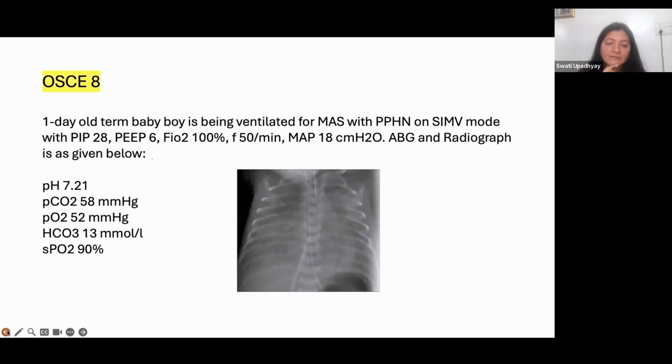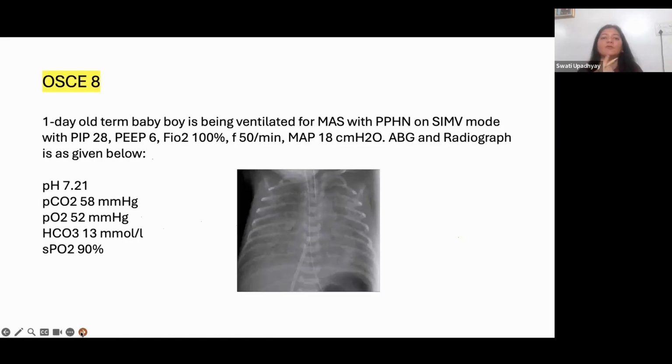How do you calculate that? So yes, MAP into FiO2 divided by PO2, very good. 35, right? I think all of you know the formula, right?